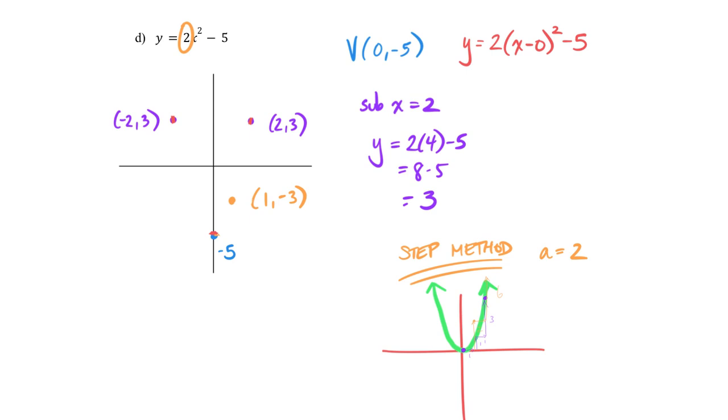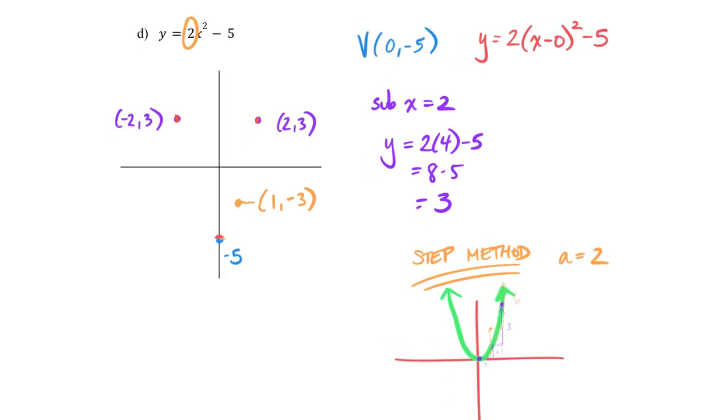Now for my next point, I go to the right 1 from there, and now up 6. If I go to the right 1, I'm at an x value of 2, and if I go up 6 from -3, I now have a y value of 3. You'll notice you come in on the same purple point. So I could use the step method to get those 2 labeled points.